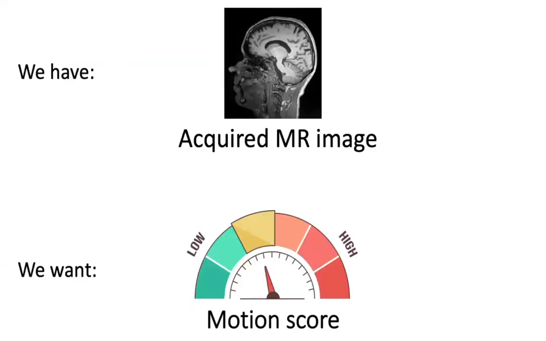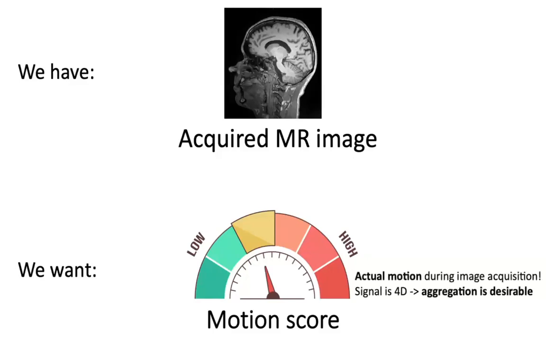And so, yeah, this is the wish list, right? We have our images here, structural images, and we want some kind of score. I call this motion score. And what we want from this is we want it to be the actual motion, right? Not perceived quality. We don't want to have the label 1 or 0. Looks like it's bad, or maybe it's good.